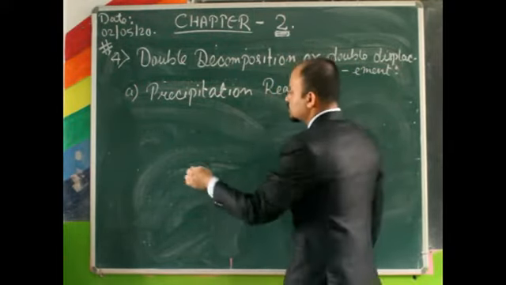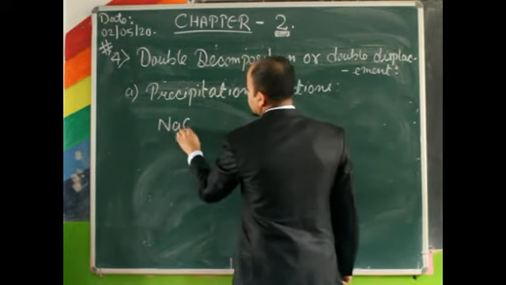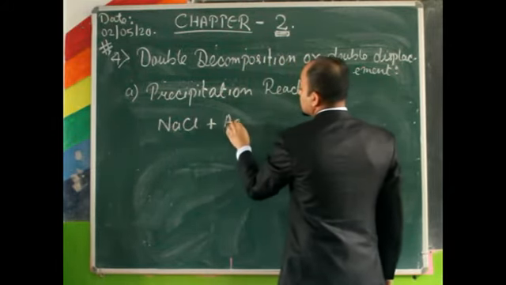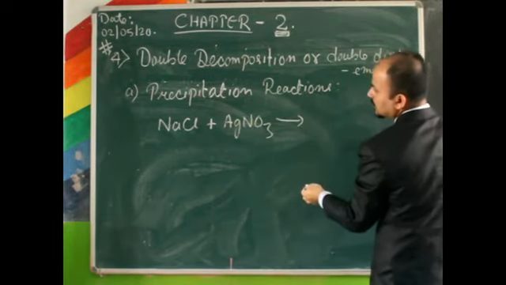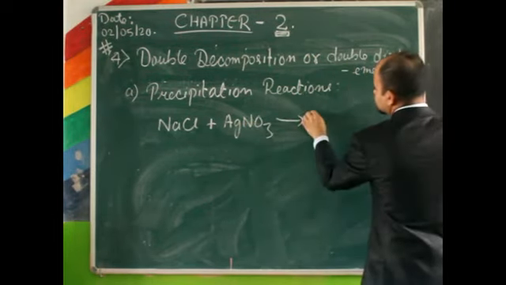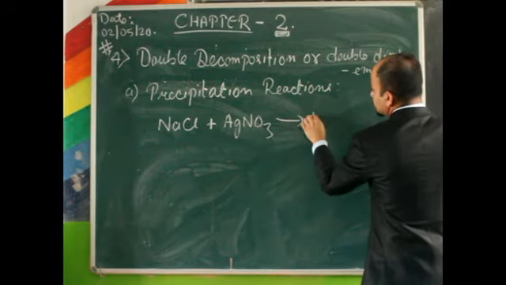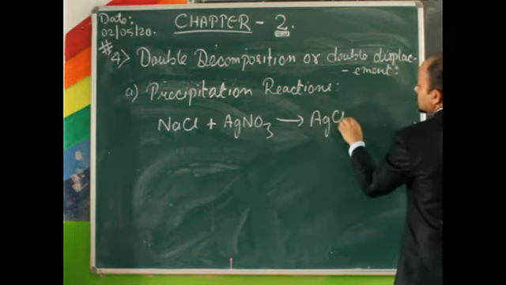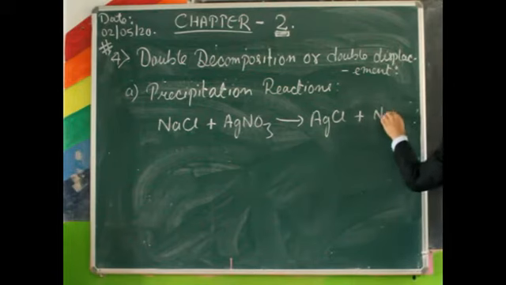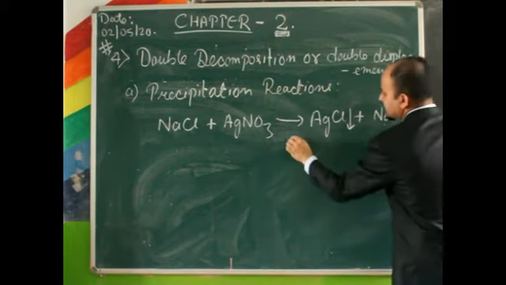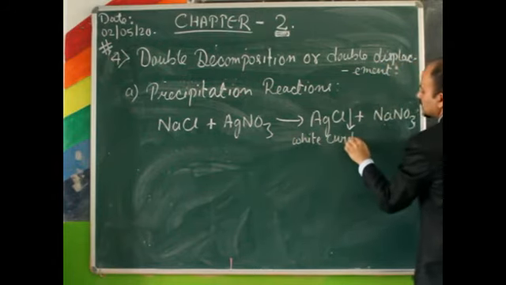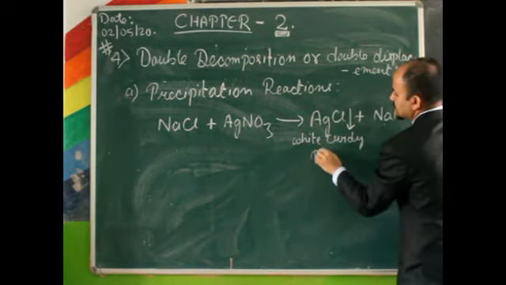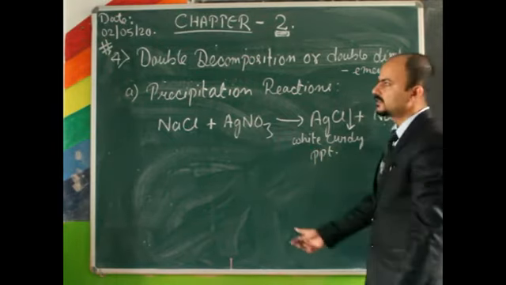That was sodium chloride. Whenever treated with silver nitrate, we get AgCl plus NaNO3. This is the precipitate and it is white curdy precipitate.